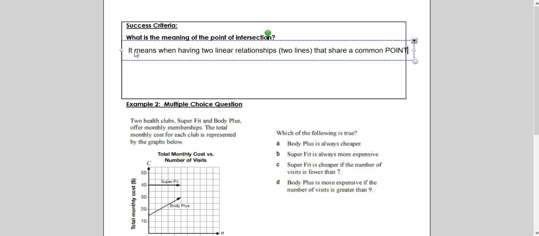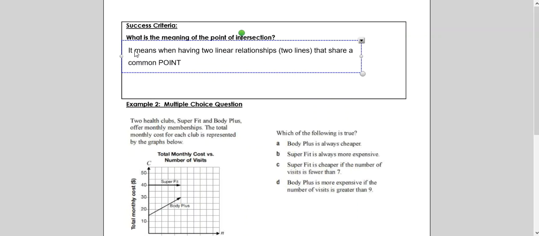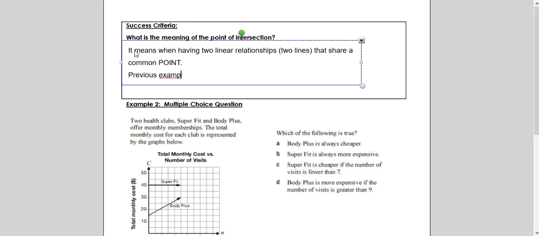So it's a point that is common between each of those scenarios. So the previous example there, that point was (4, 30), which meant that for 4 events, it cost $30 for both options.